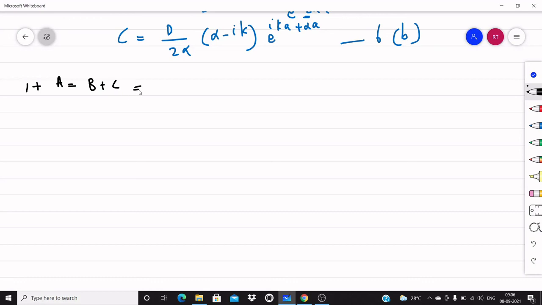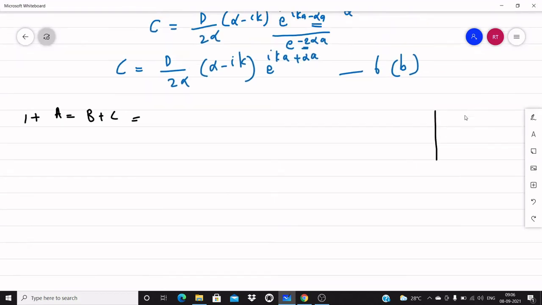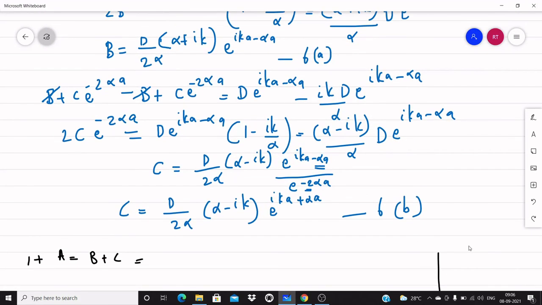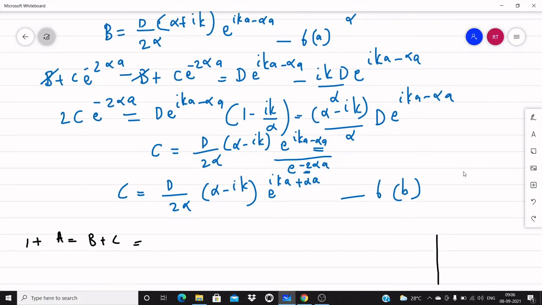So you know that b is, this is b, and you can see b and c here.